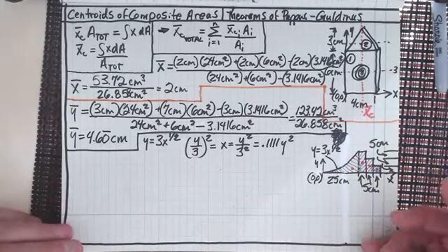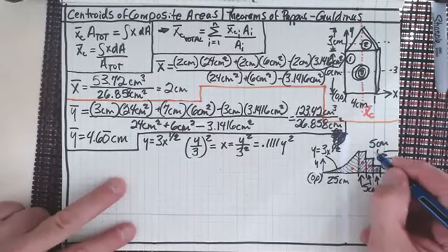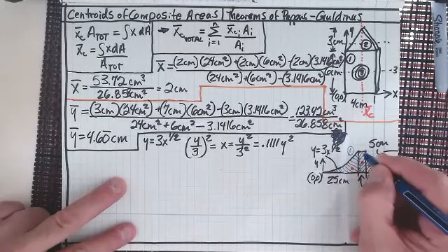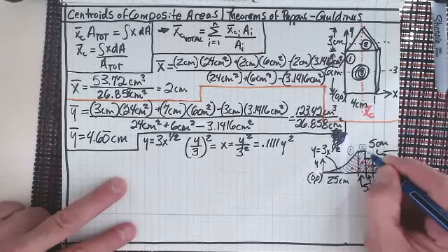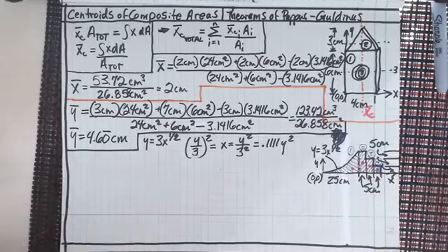So we have 4 different areas. I'm going to call this area 1, 2, 3, and area 4. I don't know if you can see those. That's written with a relatively thin pen, but I think you can make those out.